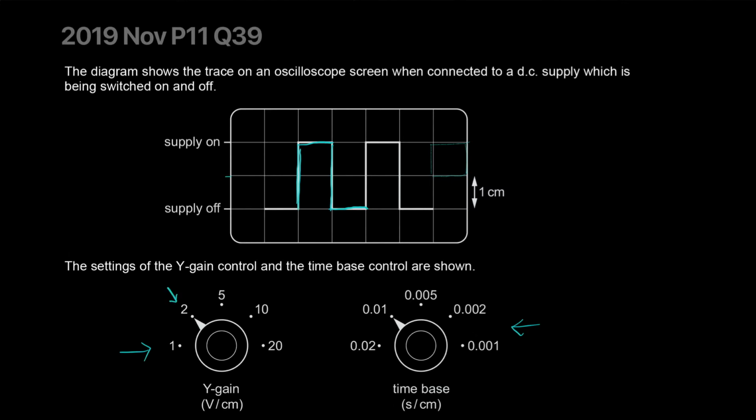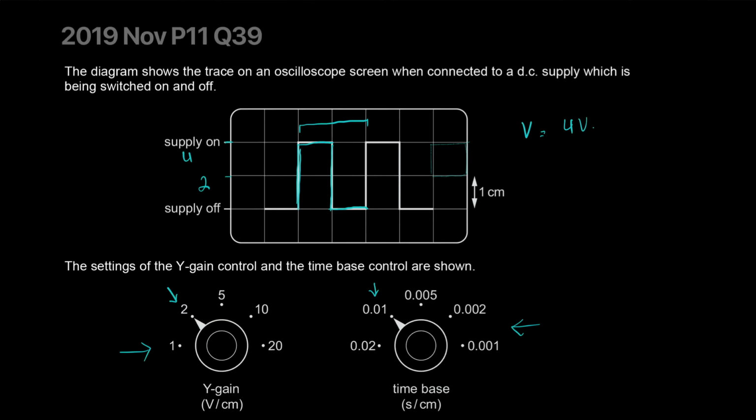So each is 2, this is 2, and this is 4. So the voltage it's trying to tell you is 4 volts, and one cycle of this wave is finishing in 2 of these squares, which is 2 centimeters, and the time base is set to 0.01.